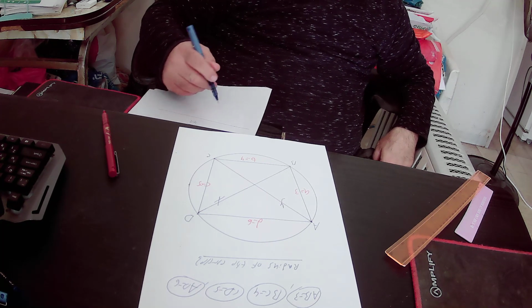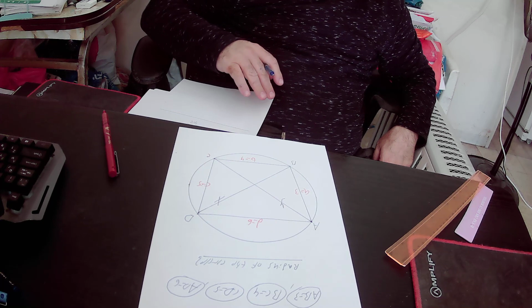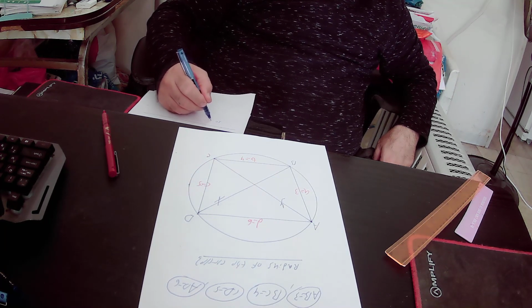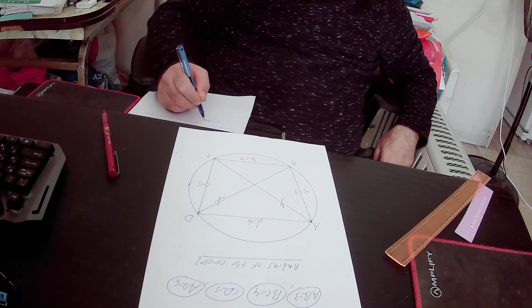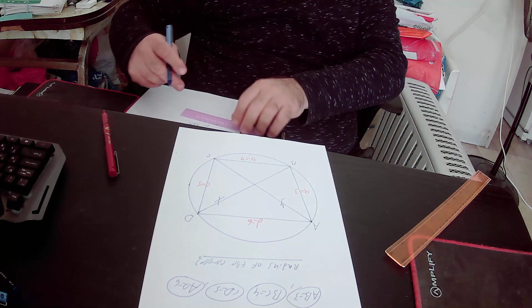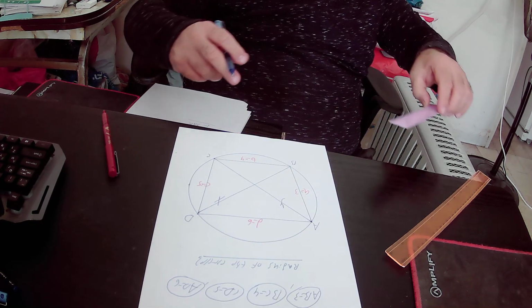In the next step, we will focus on triangle ADC. Triangle ADC is inscribed in this circle.